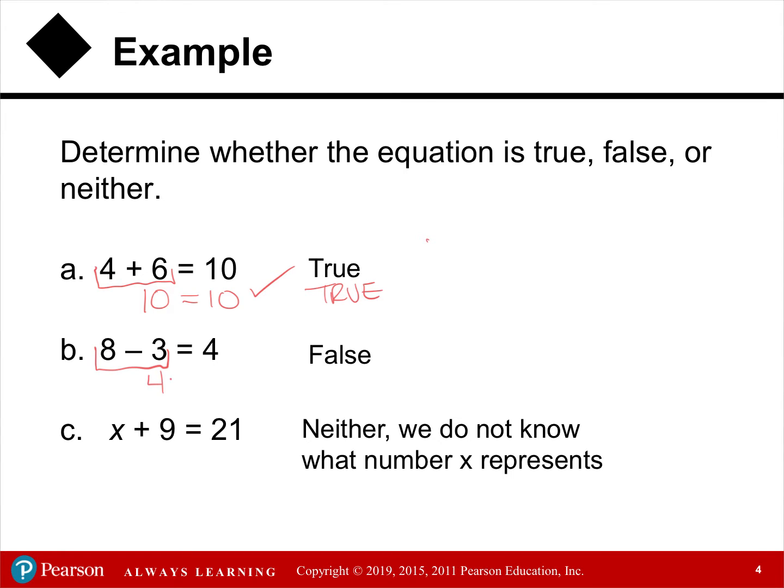Nope, it is not 4. It is 5. And 5 does not equal 4, so we say, nope, that's not true. It's false. Okay, here, we don't know what x is, which is why we use an x. So we can't say whether or not it's true or false until we know what number somebody wanted to use for the x.